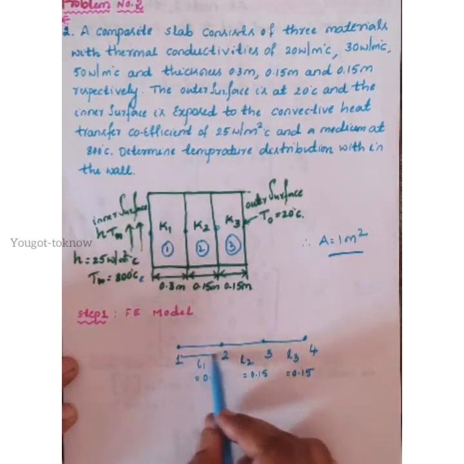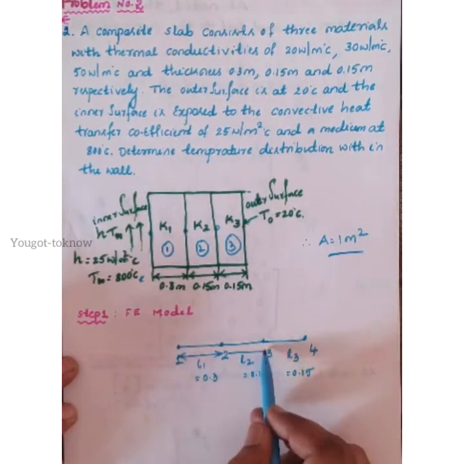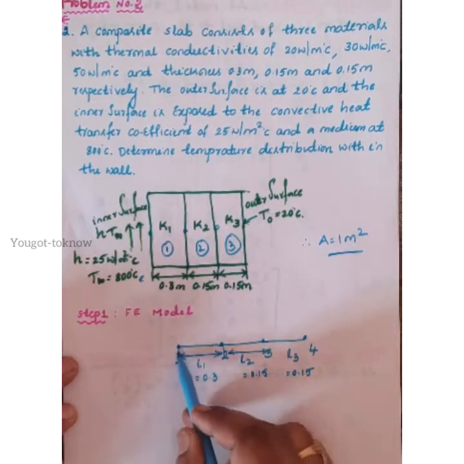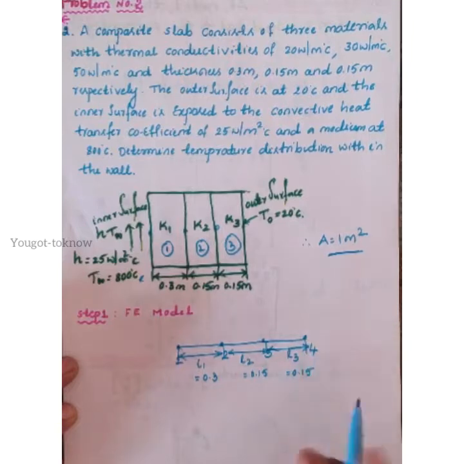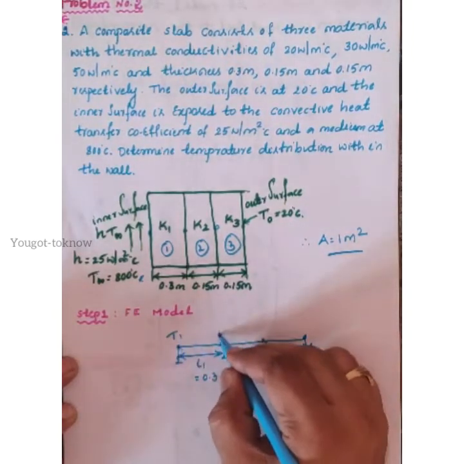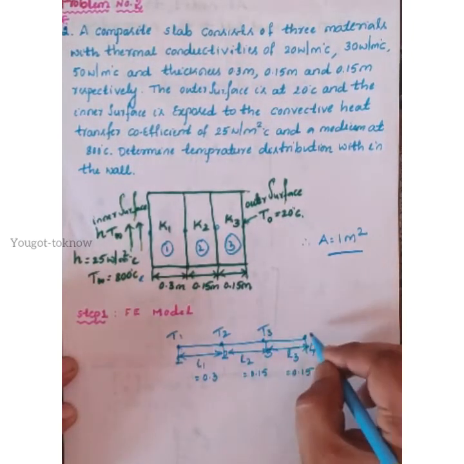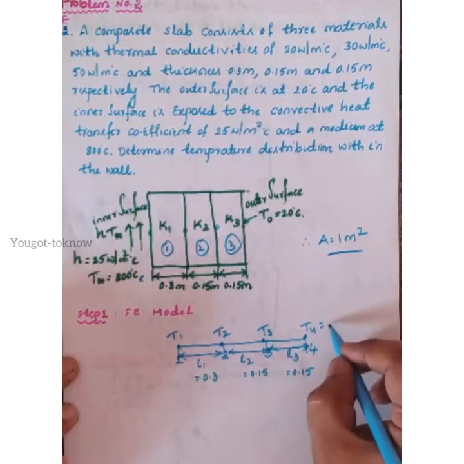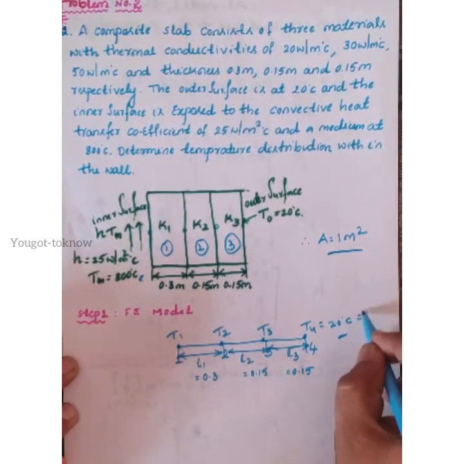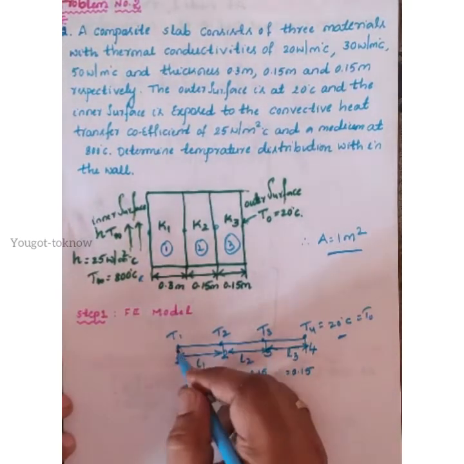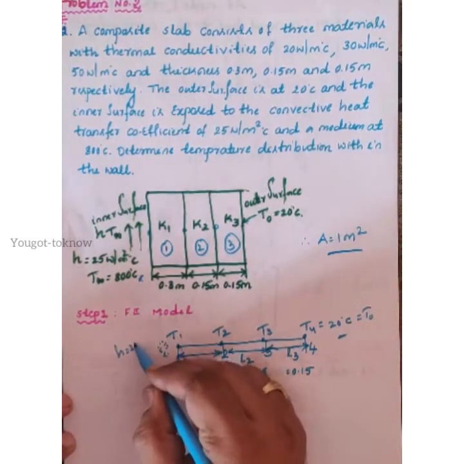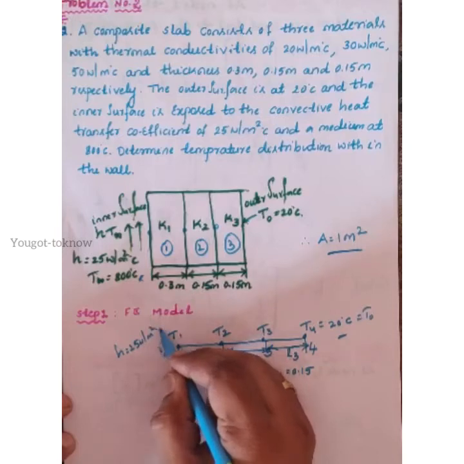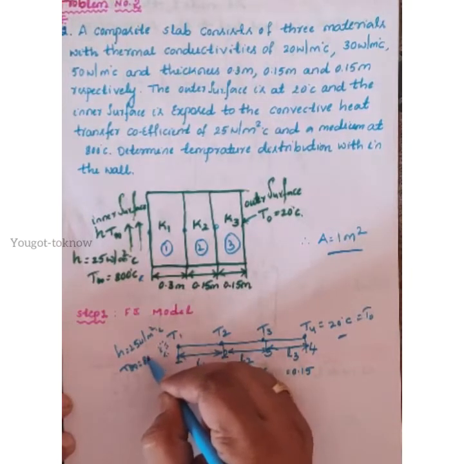This is given, and you can write it in between. Now T1 is the temperature here, T2 is the temperature here, T3 is the temperature here, T4 is the temperature here. We know temperature T4 is 20 degrees Celsius, that will be equal to your T0. Here convection is acting at this particular point. The h value is given, that is 25 watt per meter square per degree Celsius, and T infinity will be equal to 800 degrees Celsius.